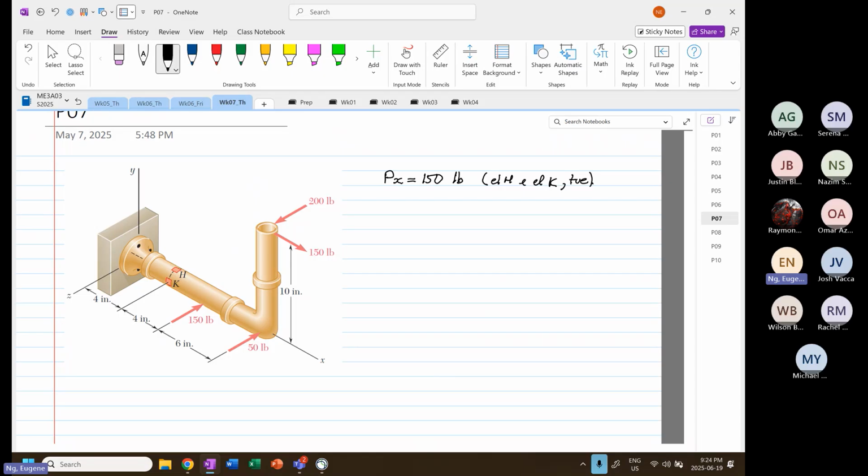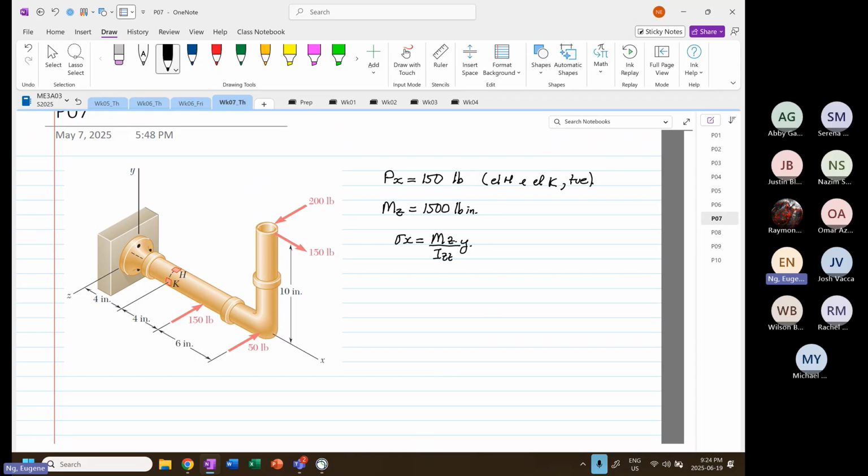We have found out that moment about Y is equal to 1500 pound-inch. And if you look at our analysis, based on stress X is equal to, this is MZ, so MZ over IZZ multiplied by y.